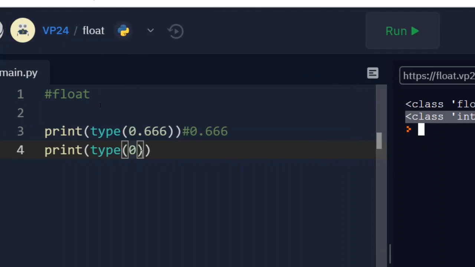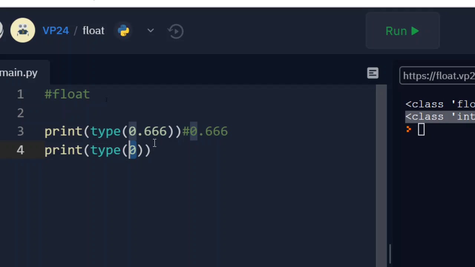Well, I hope you remember that in the introduction I mentioned that in the computer's memory, everything is all about zeros and ones. The computer's language is zeros and ones, something called binary numbers. So here, this is 0.666 and this is 0. Here there is a decimal part along with this, right? So this means that in memory, integers take less space compared to floating point numbers.